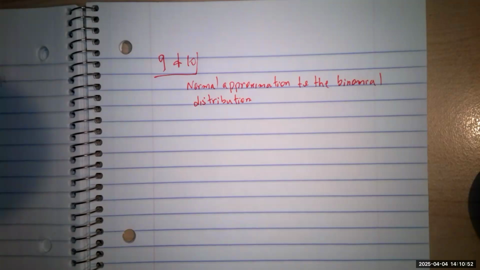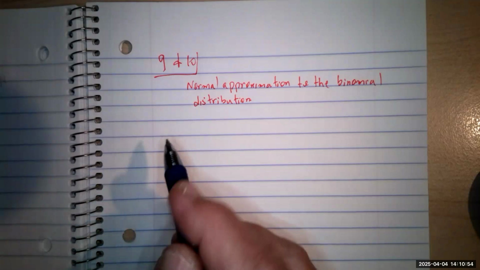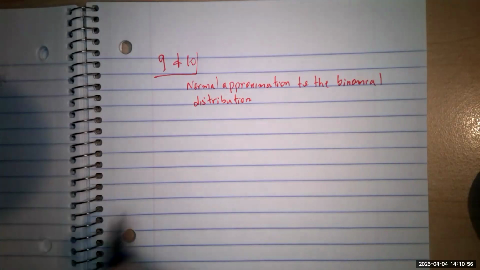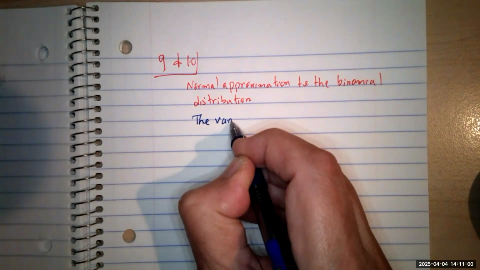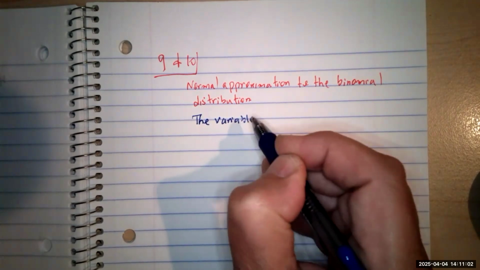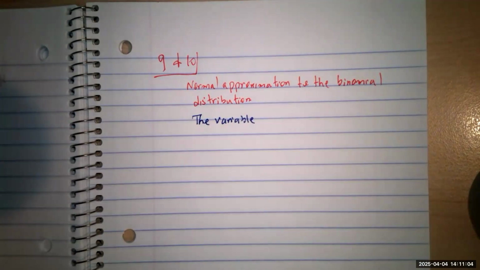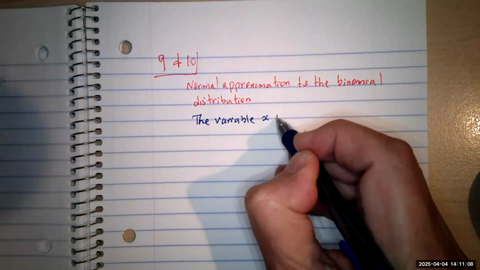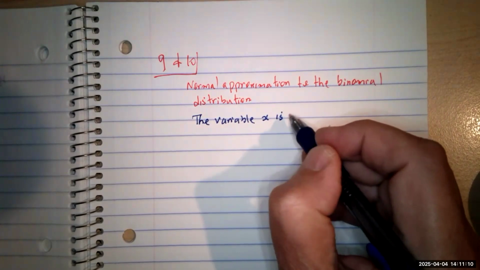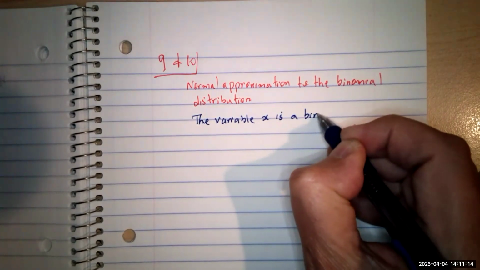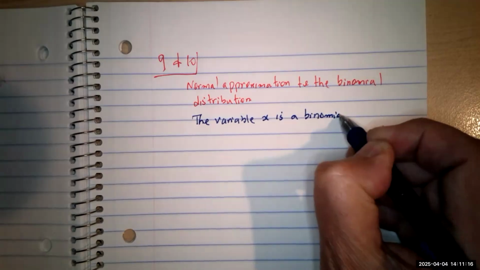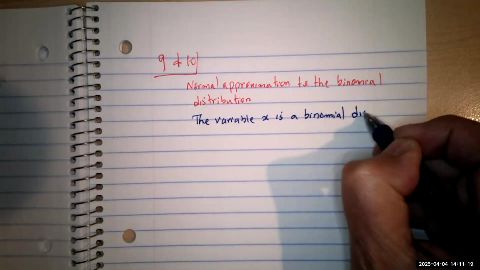What you have in this problem is the variable X, which is the number of late payments. X is a binomial distribution.